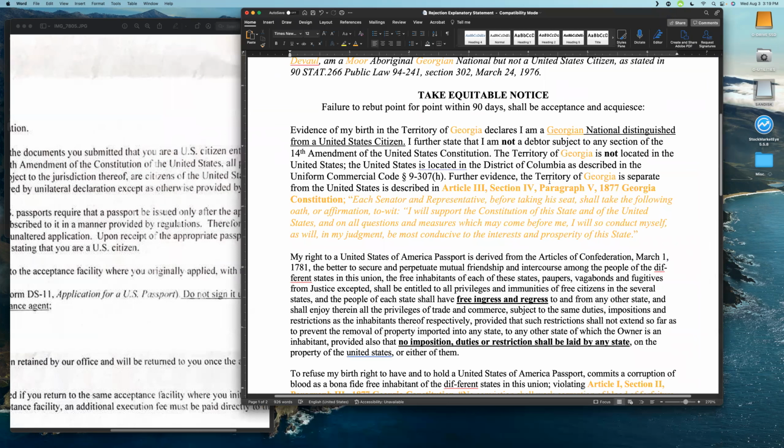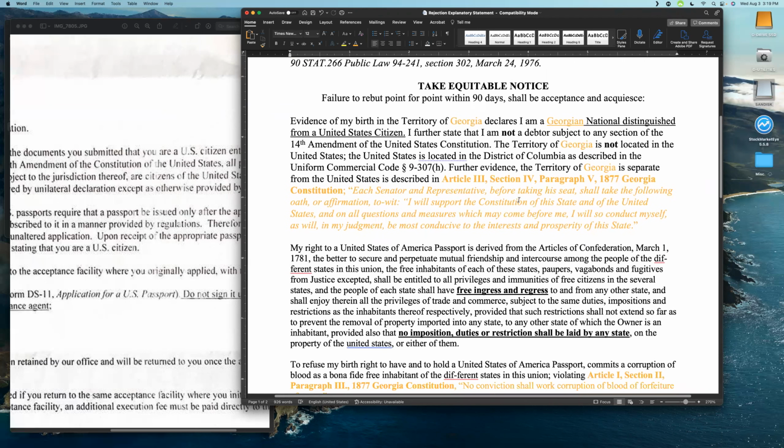Further evidence, the territory of Georgia is separate from the United States, which is described in Article 3, Section 4, Paragraph 5, 1877 Georgia Constitution. Each senator and representative, before taking his seat, shall take the following oath or affirmation, to wit, I will support the Constitution of this state and of the United States.